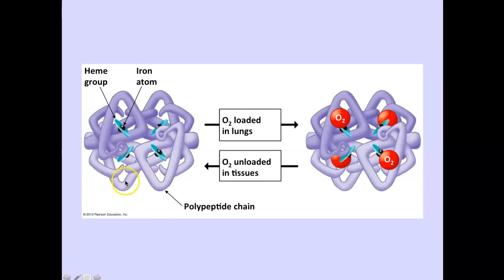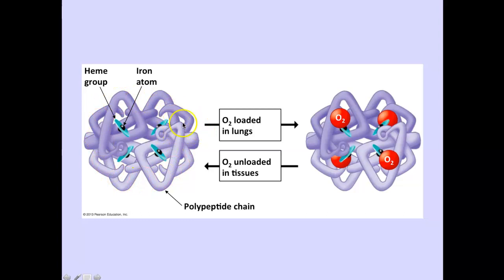So hemoglobin has 4 subunits, the 2 dark purple and the 2 light purple here that come together, and each subunit has a heme group, which is this turquoise disc, and inside the heme group there is an iron atom. Iron is critically important here because it is what attaches oxygen, right? So here's hemoglobin without oxygen.